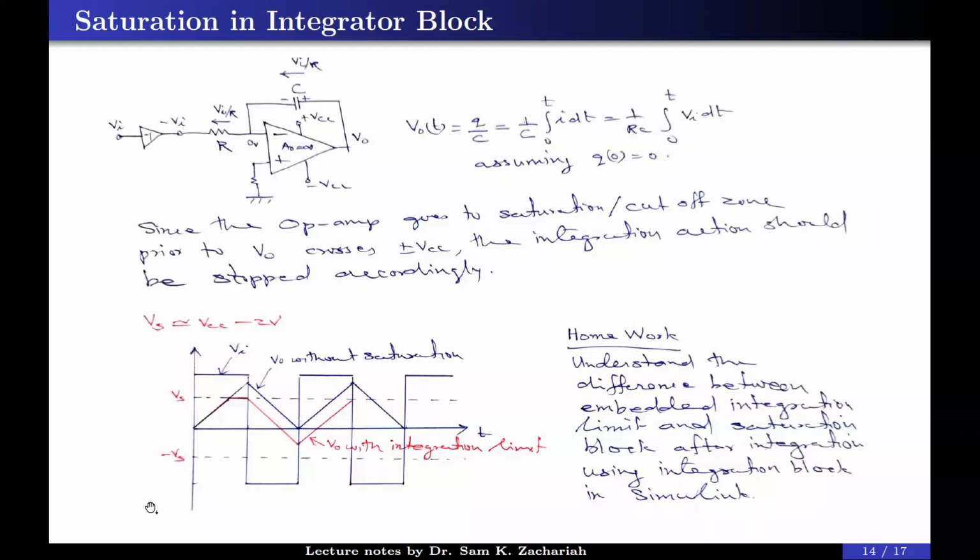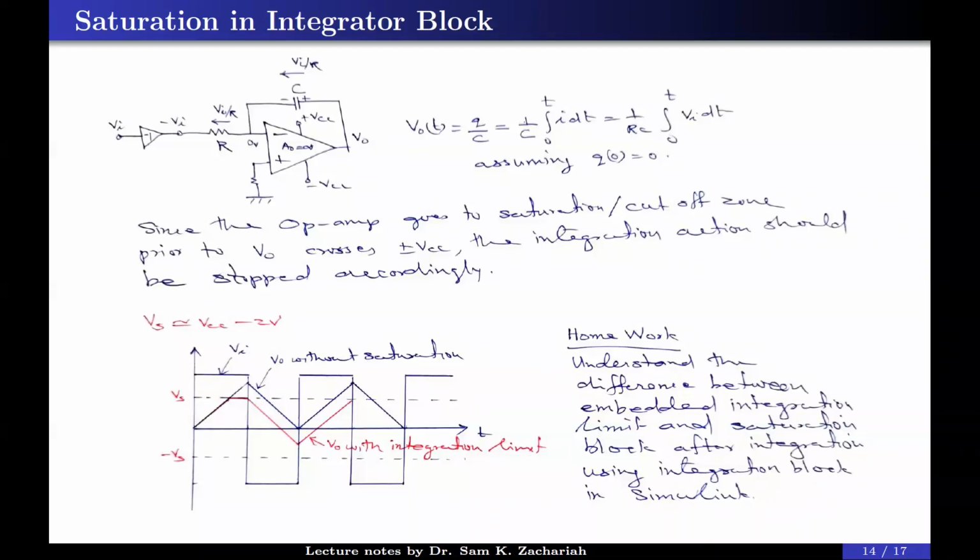And you might have studied different amplifier configurations using transistors like common emitter, common collector, common base, etc. In that case, you can see that there is a term called VCE sat.